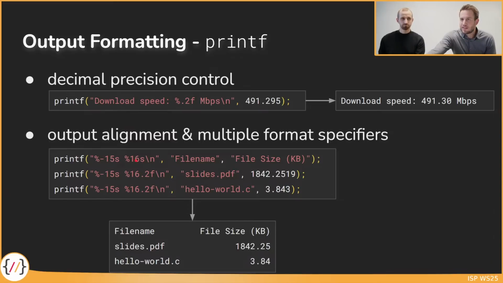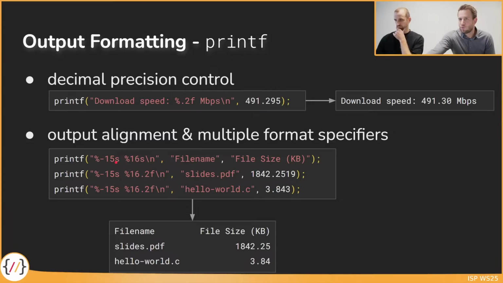With the 16, this means that the output is shifted to the right, and 16 characters or 16 spaces are reserved for this output. And if I use minus and a number, in this case 15, spaces are used from left to right. And then the output would be the following.